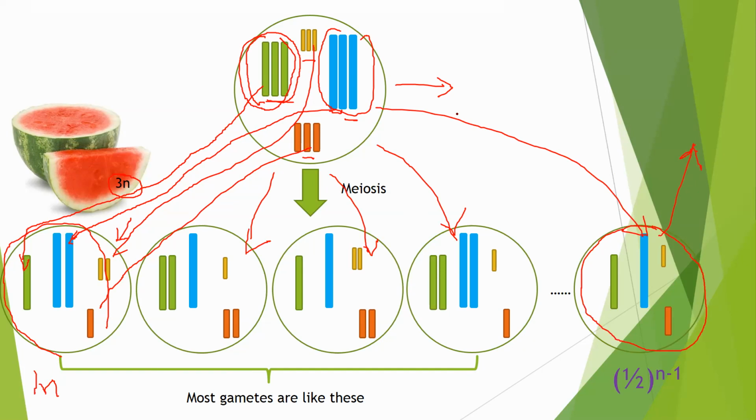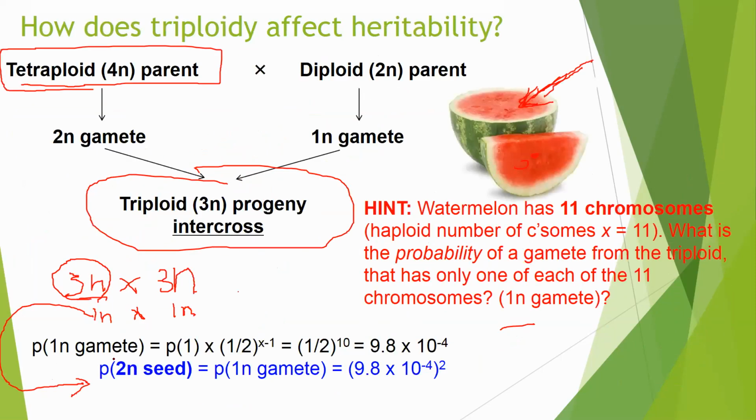This is for one parent, and the chance to get a gamete like this is only like this. Suppose we have 10 chromosomes. The probability to produce a gamete like this is very small. Now this is only for one parent, right? If we consider another parent, the chance will be even smaller. So let's go back to here.